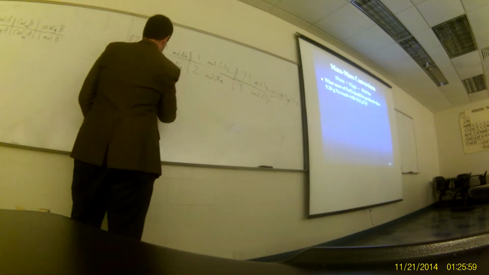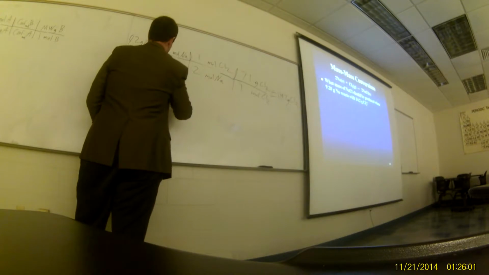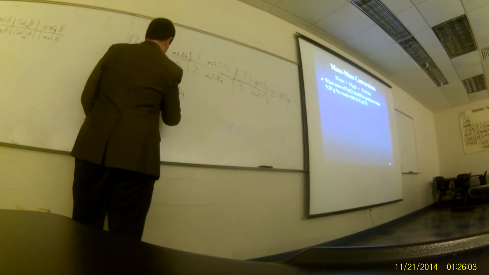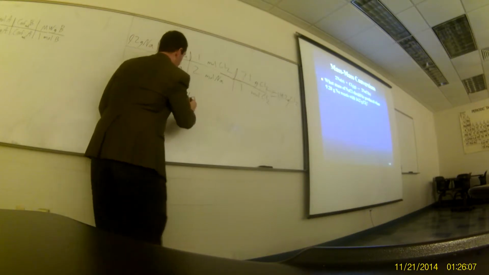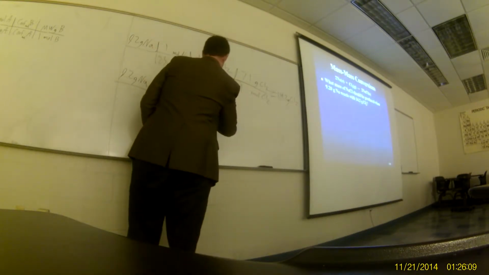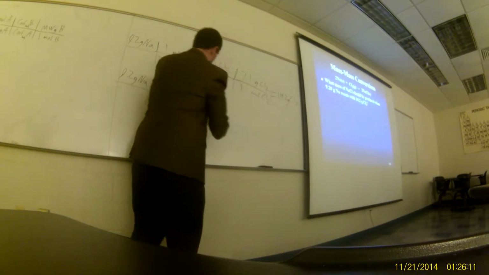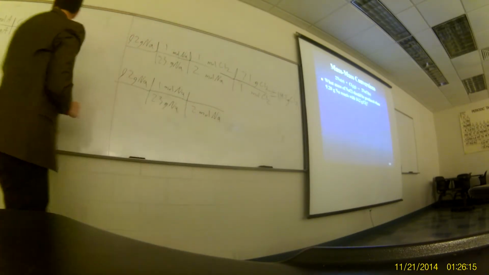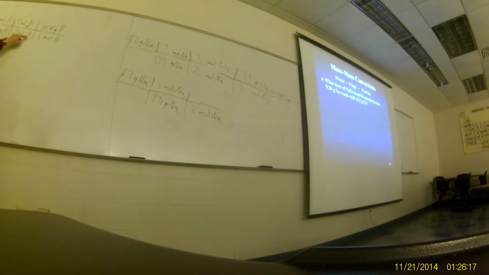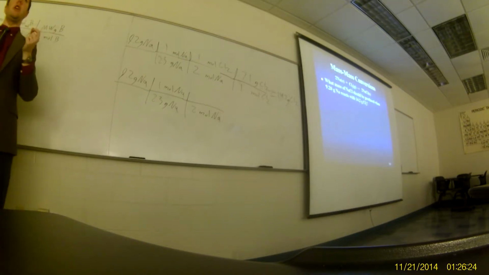So the first couple steps are going to be identical because it's still sodium. Once you get up here, though, it's going to change. A stayed the same, so anything with an A is not going to change. But what our B represents did change.